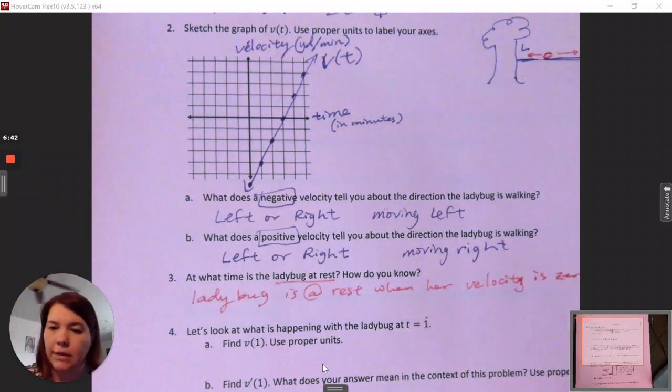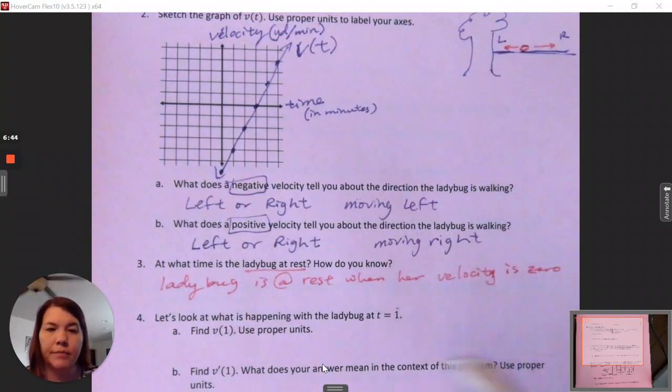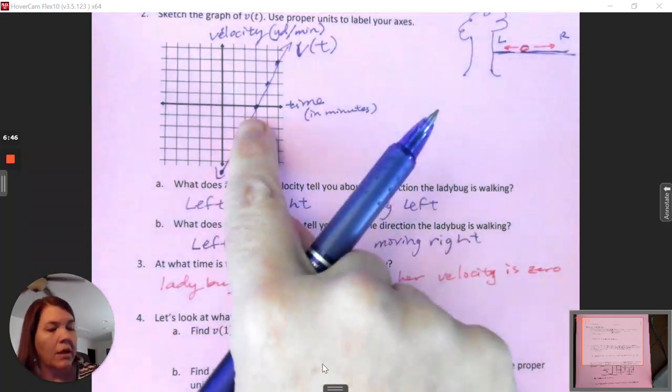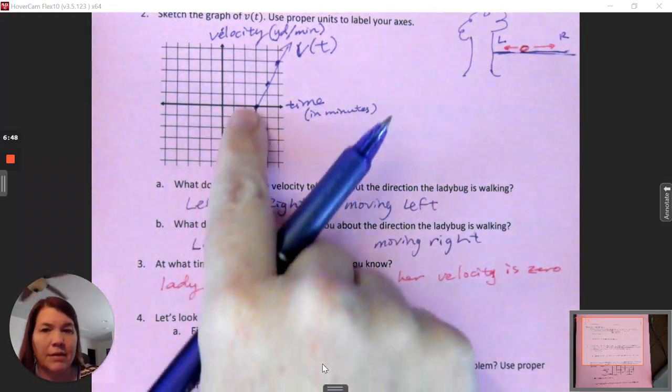She has no velocity, so she's at rest. So looking at my picture, she's at rest at time 3.